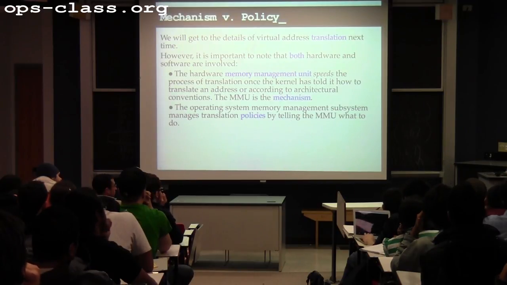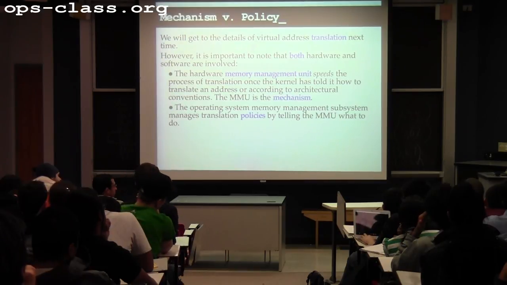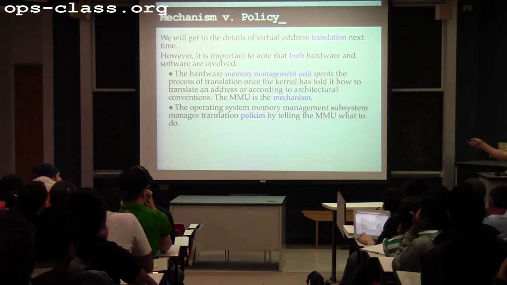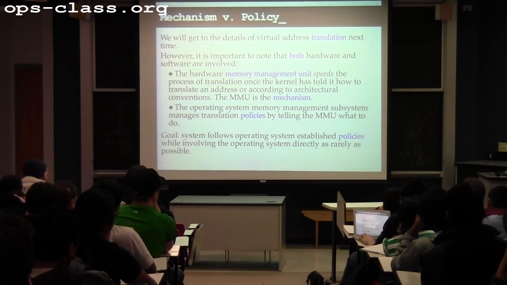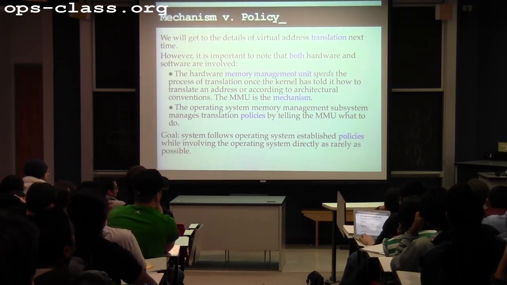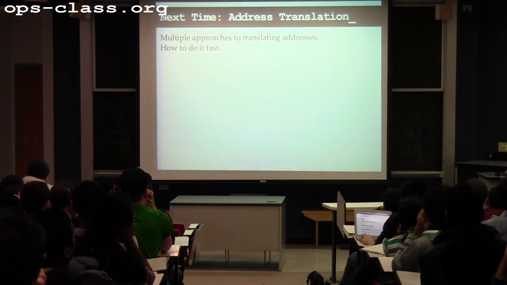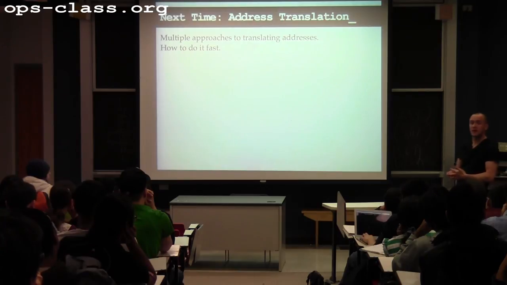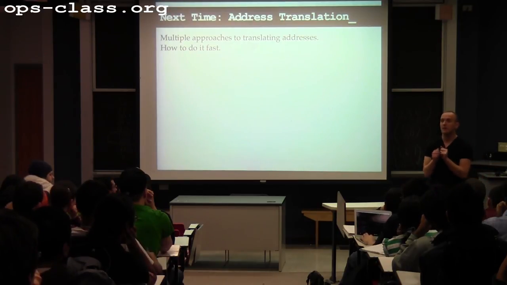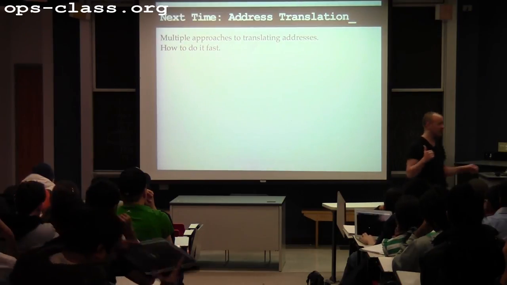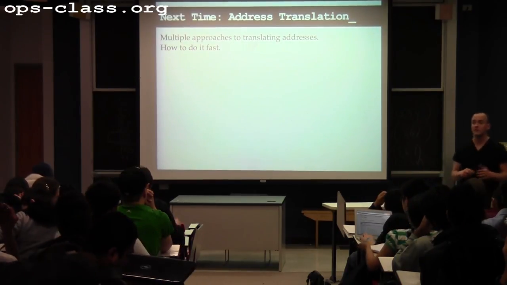So this is another nice case where the hardware exposes some features to the operating system that allow the operating system to tell it how to translate addresses, and then we use the hardware to make this translation fast. What we want to do is essentially allow the operating system to tell the hardware what to do, and then the hardware goes along and does it rapidly without involving us anymore. All right, so on Friday, we'll talk about different ways to translate addresses, different approaches to mapping from a virtual address to a physical address, and the implications these have in hardware for making this process extremely fast.